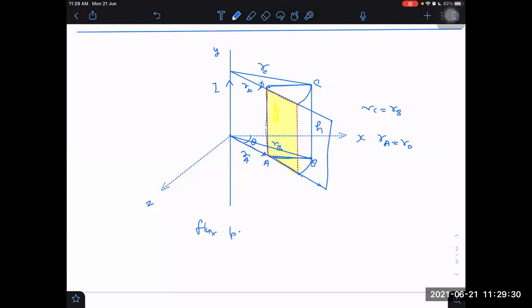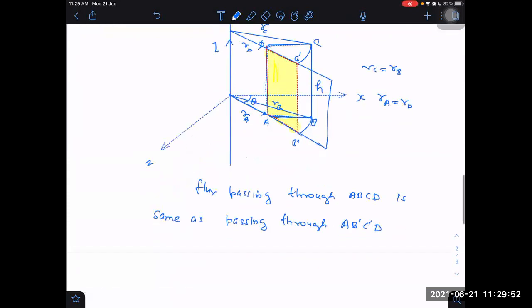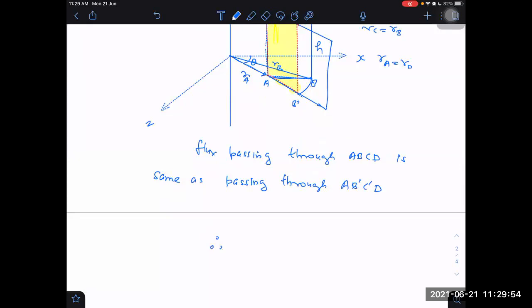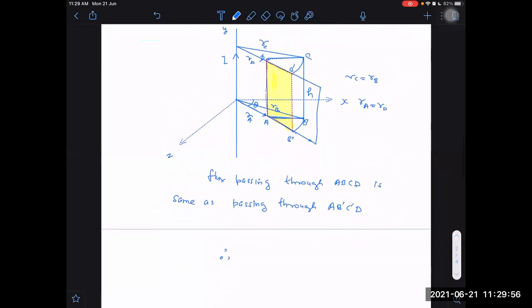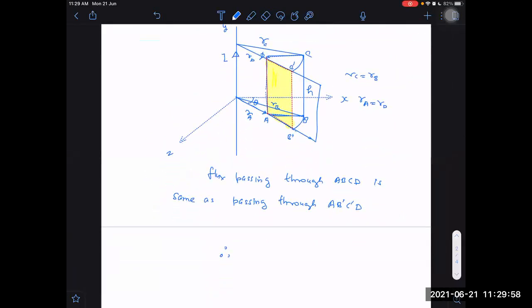Flux passing through ABCD is the same as that passing through AB'C'D. Therefore, what we can say?